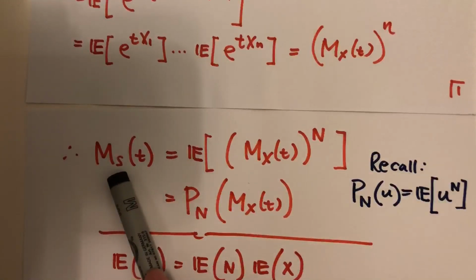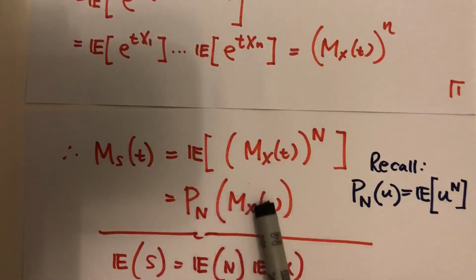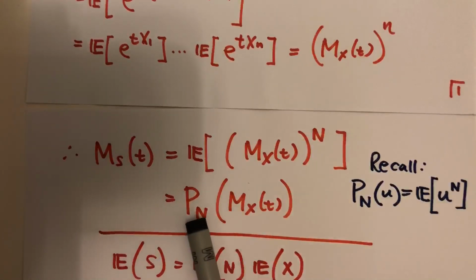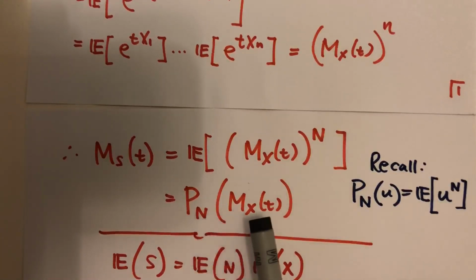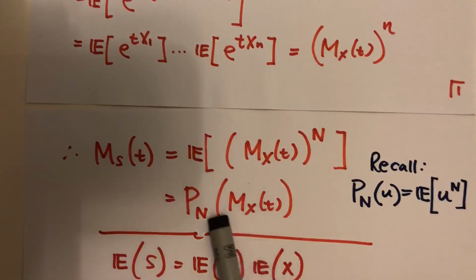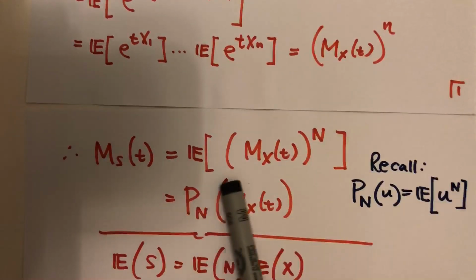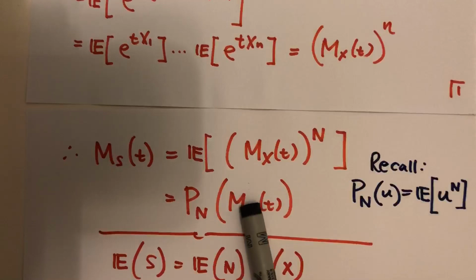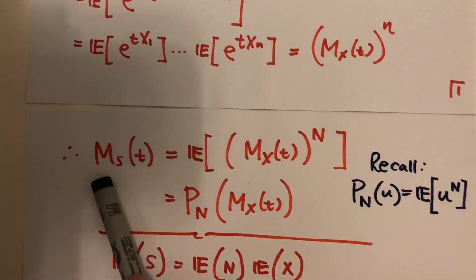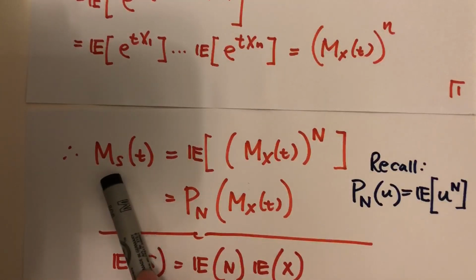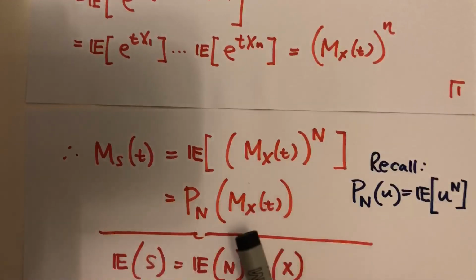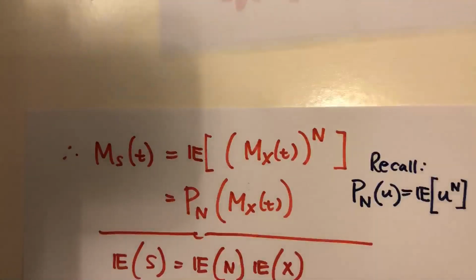Therefore, the MGF of S is just the PGF of N evaluated at the MGF of X. That means if you know the distribution of N and also the distribution of X, we should be able to evaluate this right-hand side, and therefore we should be able to find out the MGF of S. If we know the MGF of S, then we should be able to find out the distribution of S.